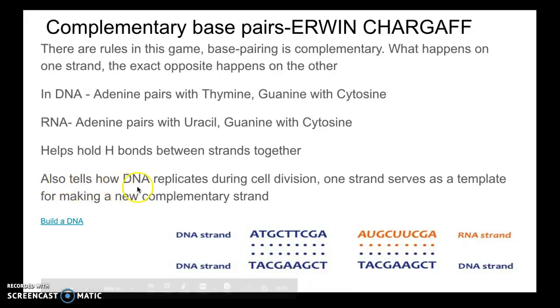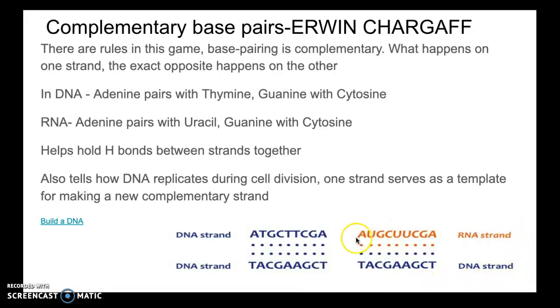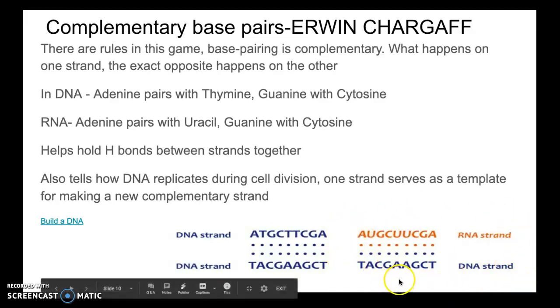This also tells how DNA replicates during cell division, where one strand is going to serve as the template for making a new complementary strand. As a matter of fact, this is typically what happens. You have the DNA template and the RNA copy.